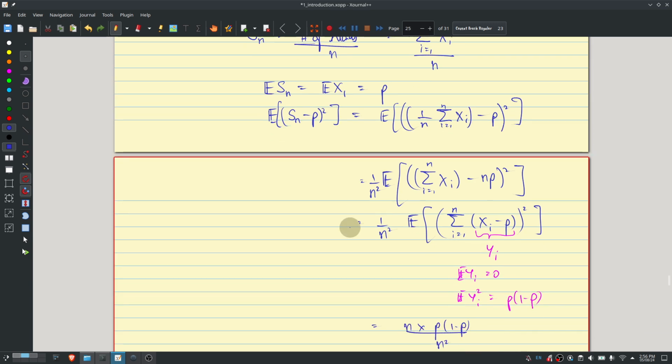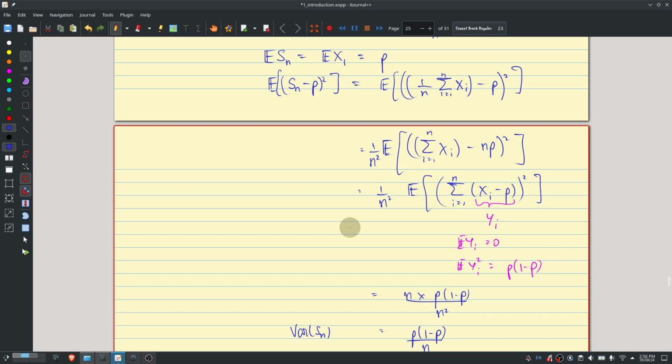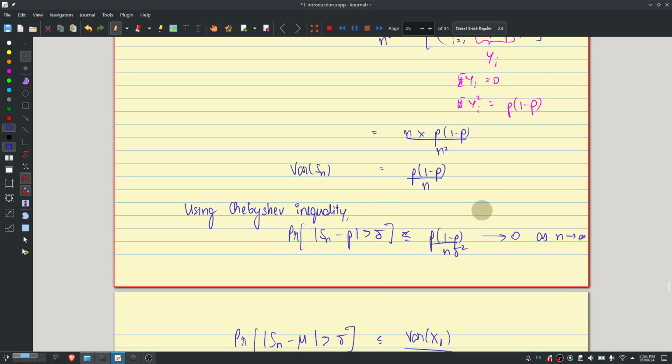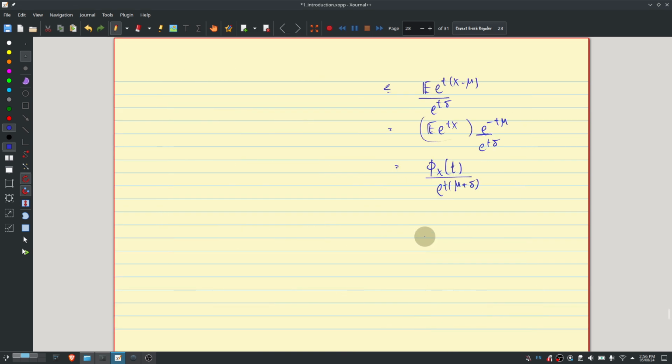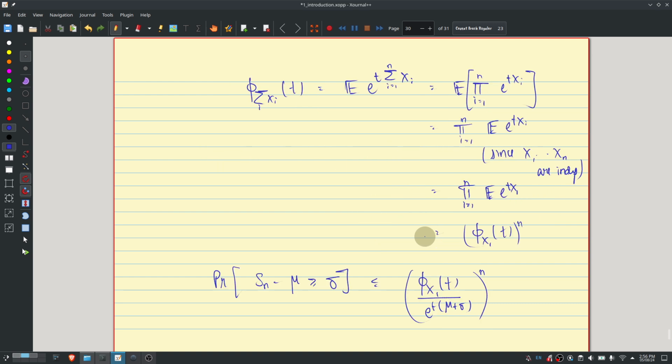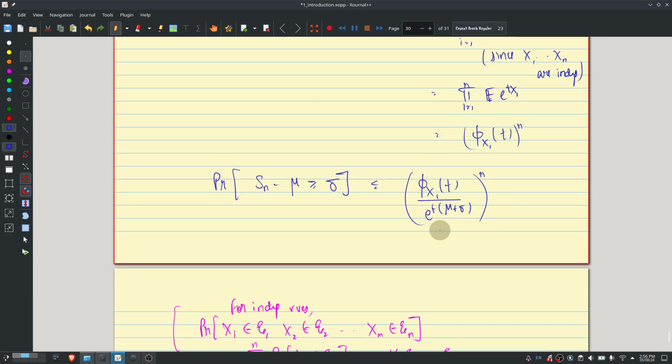Using Chebyshev's inequality, we were only able to get a 1 over n upper bound on the probability that this deviation is greater than or equal to delta. But now from a 1 over n bound, we have an exponential in n bound.